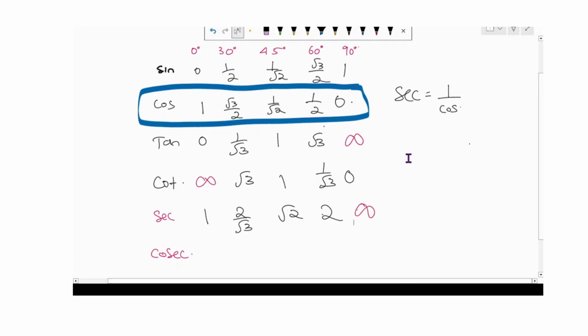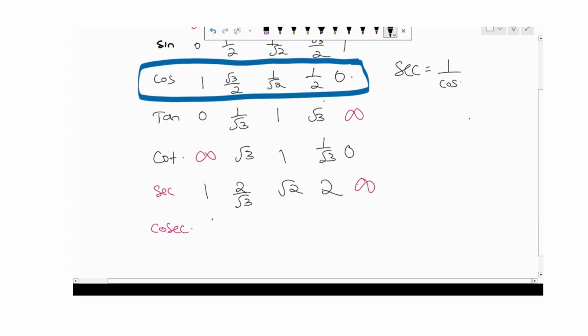Then the last part, cosec, is just the reverse of sec. Undefined, 2, root 2, 2 by root 3 becomes root 3 by 2, 1. Fine.